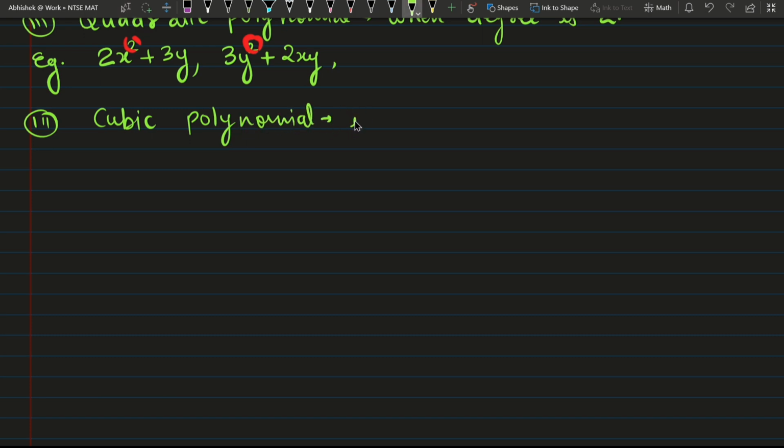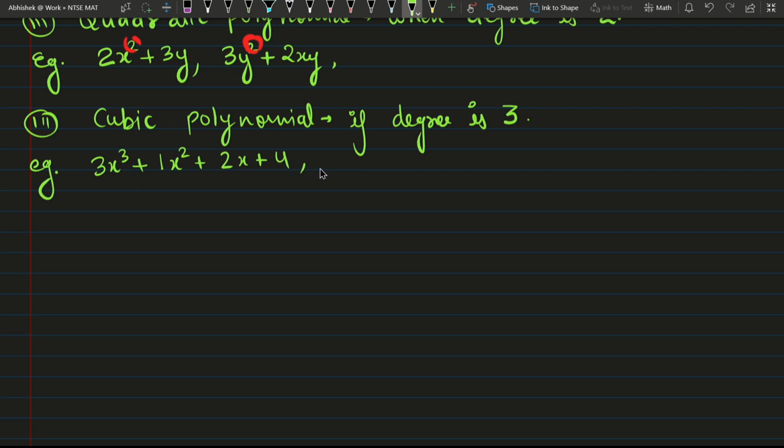Similarly, if the degree is 3, then we can say that kind of polynomial is a cubic polynomial, like 3x cube plus x square plus 2x plus 4, or x cube plus x square, or y cube plus 2y.